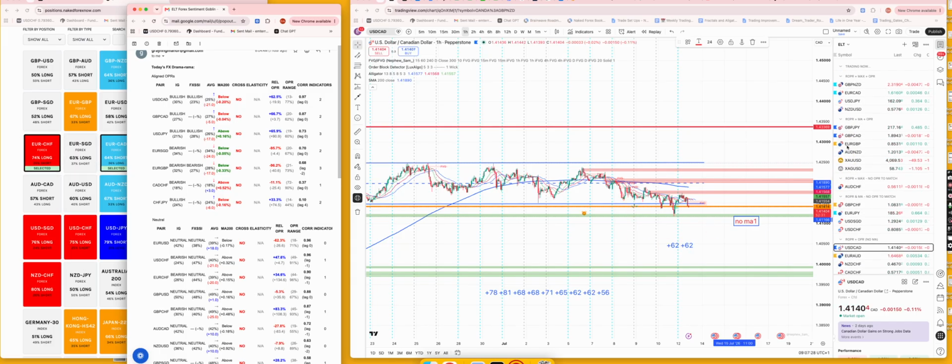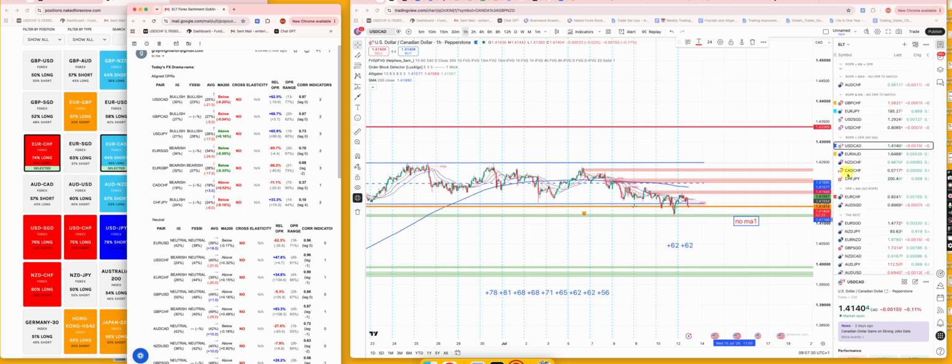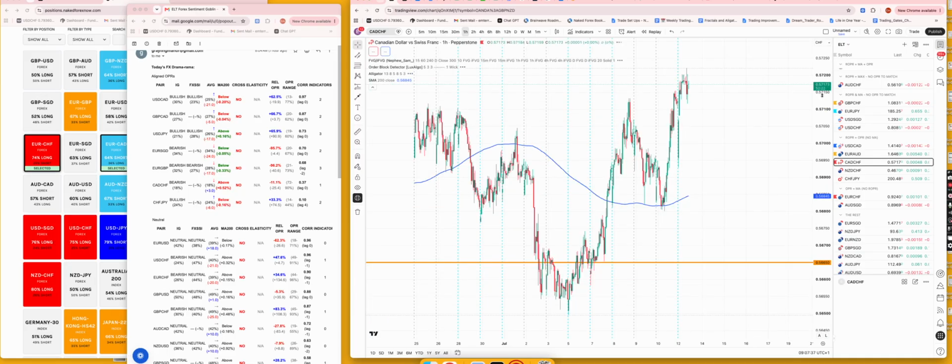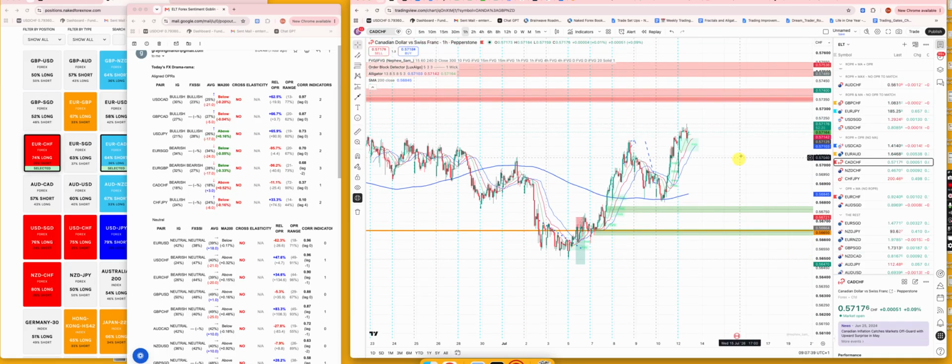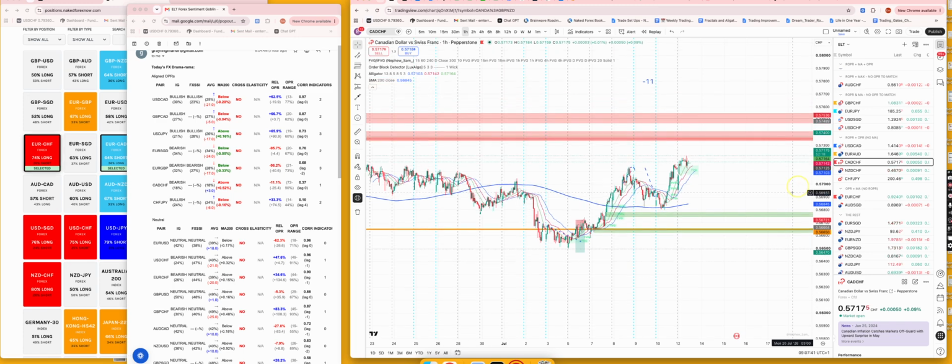Where are you, CAD Swiss? Not aligning, is it much? Let's see. Minus 11. Well, that's quite bullish to me, that chart.